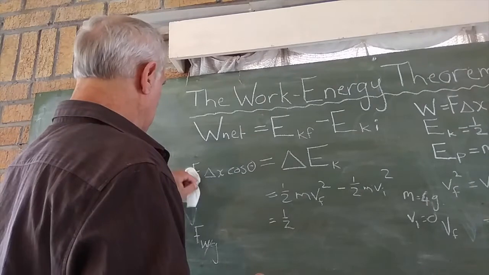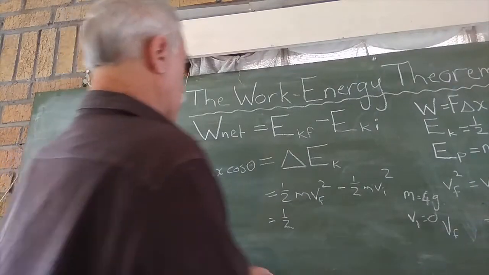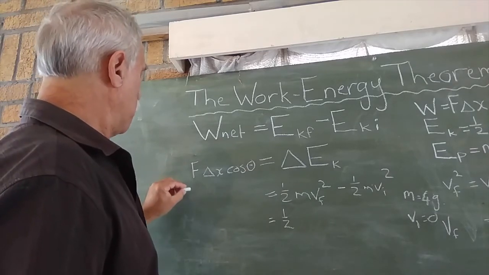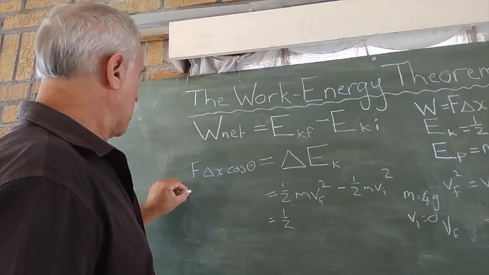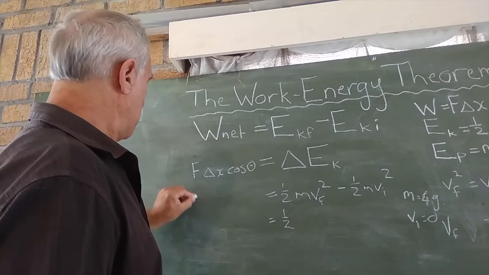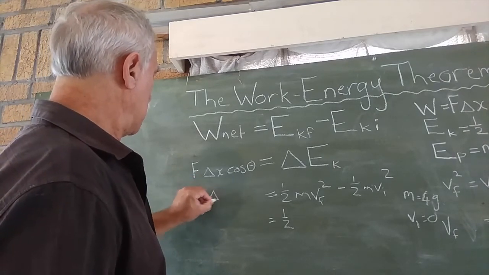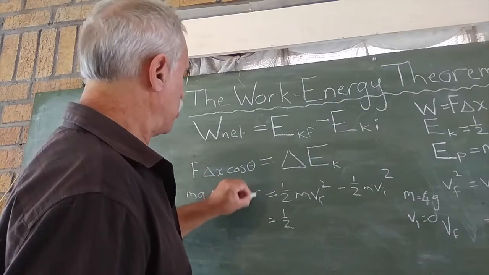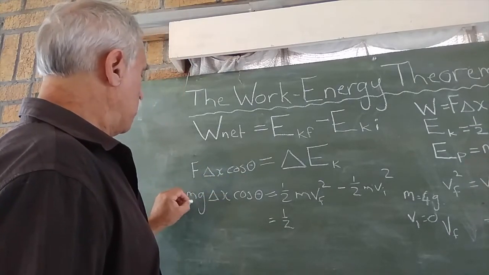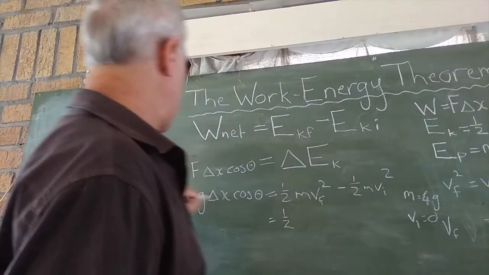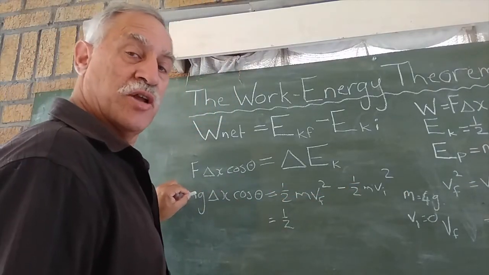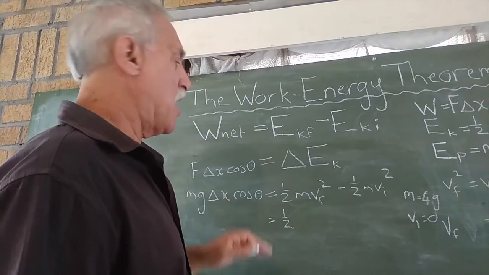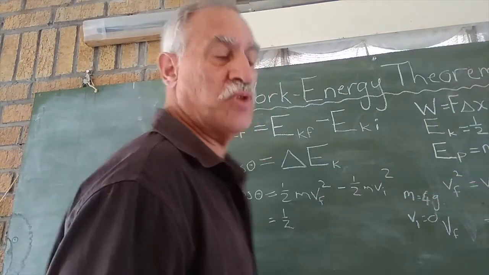Now let's get rid of the diagram. And what is the force that we're talking about here? It is the force of weight, in other words, force of mg, delta x. Now, what is our cos theta? First of all, we're going to use the mass of our 1 rand coin. Notice when you're using the work-energy theorem, the mass becomes important, unlike when we use our equations of motion.